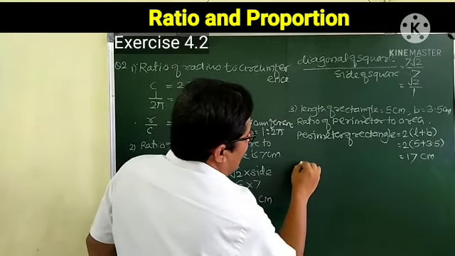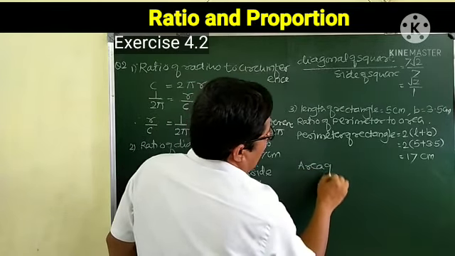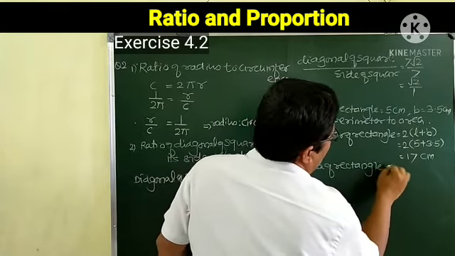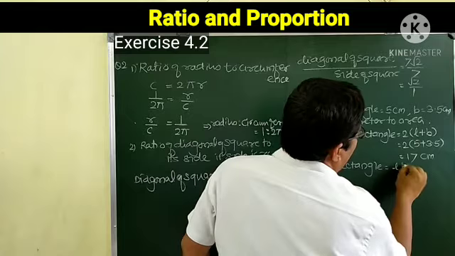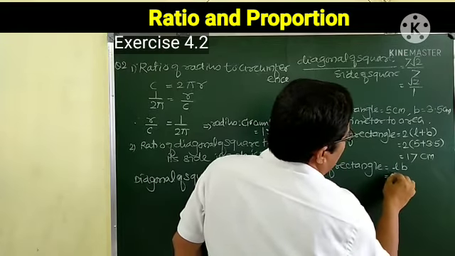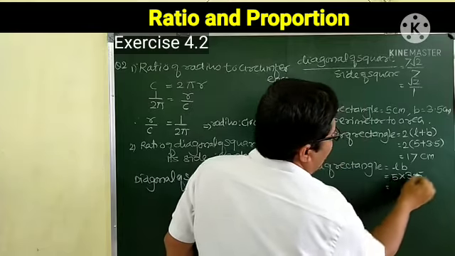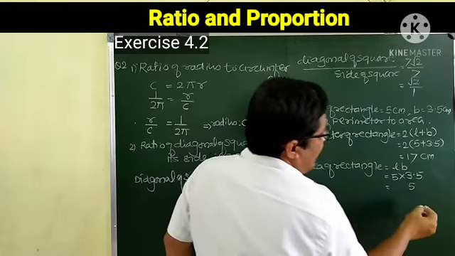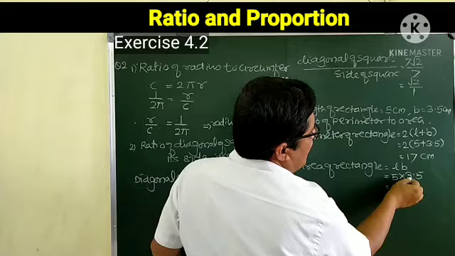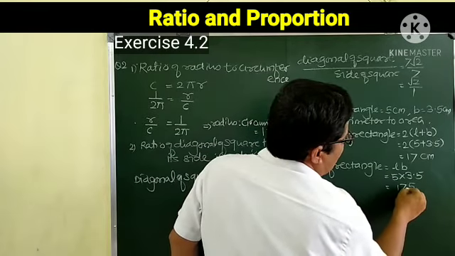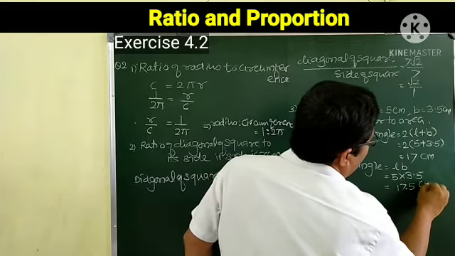And area of rectangle is equal to L multiplied by B, that is 5 multiplied by 3.5. 5 5s are 25, carry 2, 5 3s are 15 plus 2 17. So decimal point will be here.